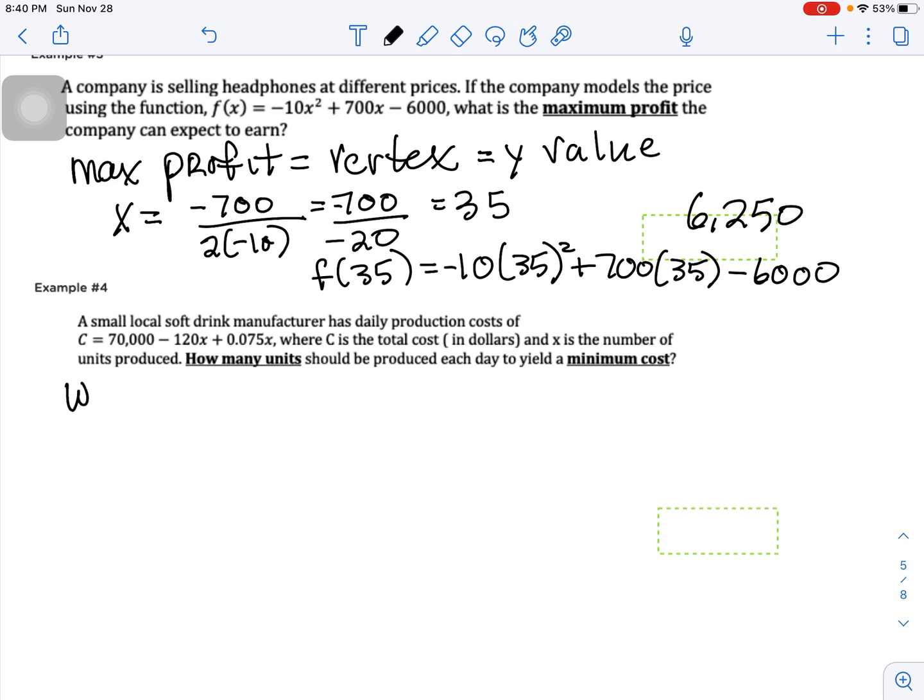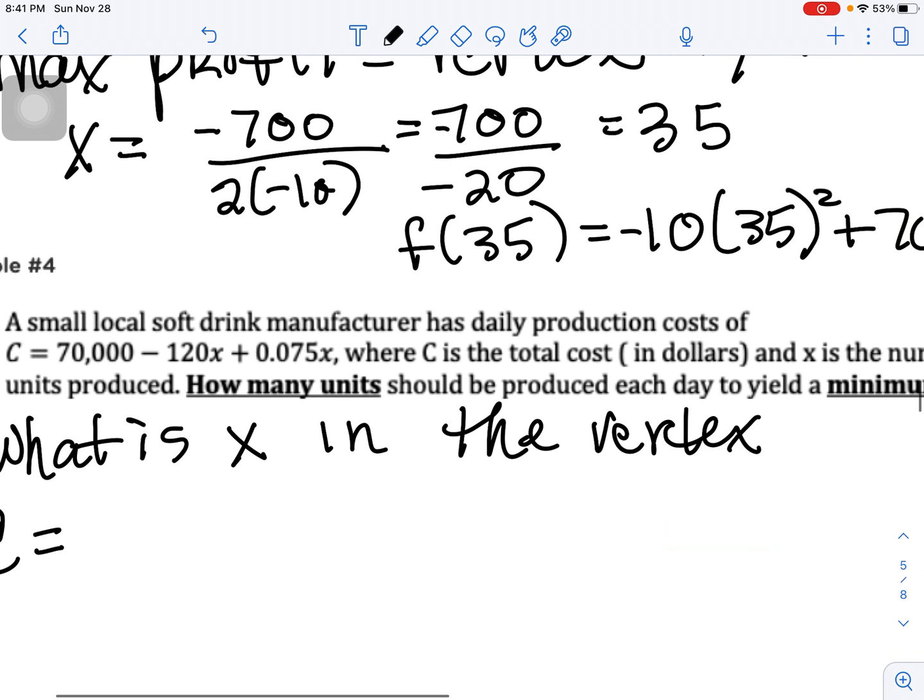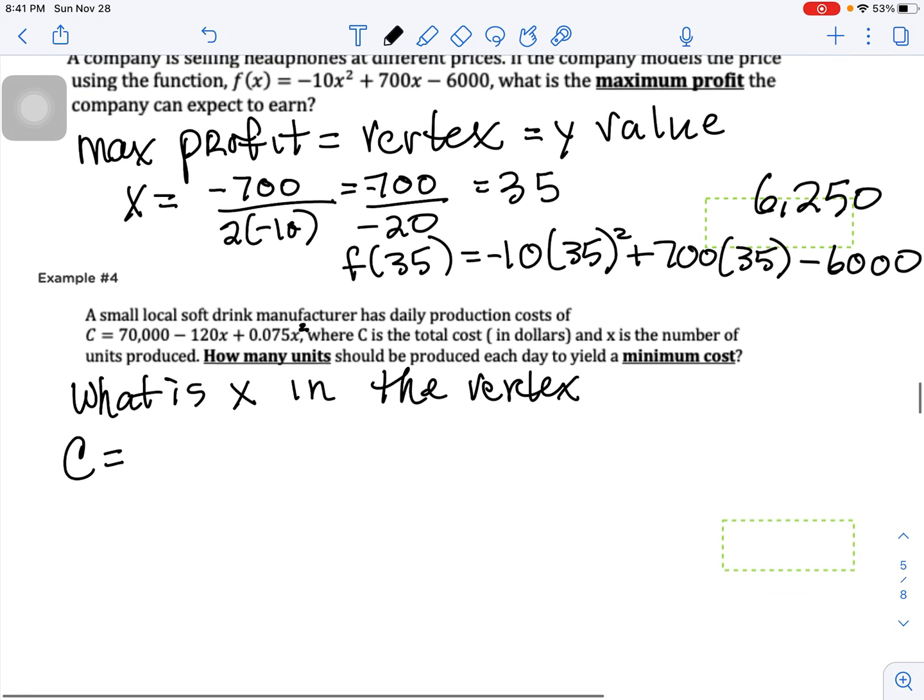So we're looking for x. So what is x in the vertex? Because the vertex is either a maximum or a minimum. And in this case, it's a minimum. Put your quadratic in standard form. And there's a typo there. That should be x squared.